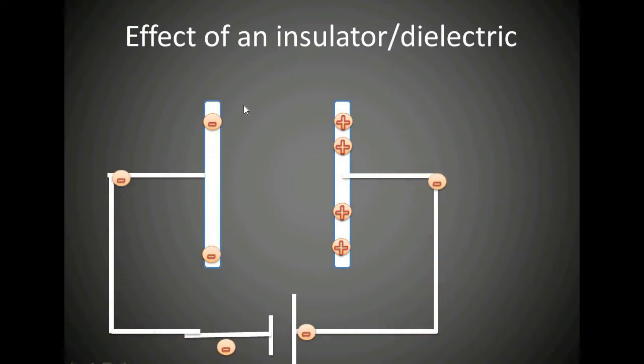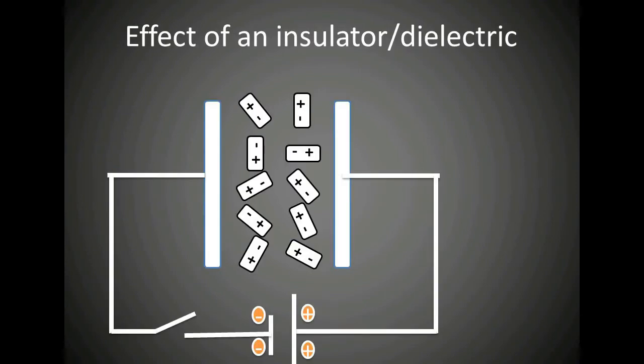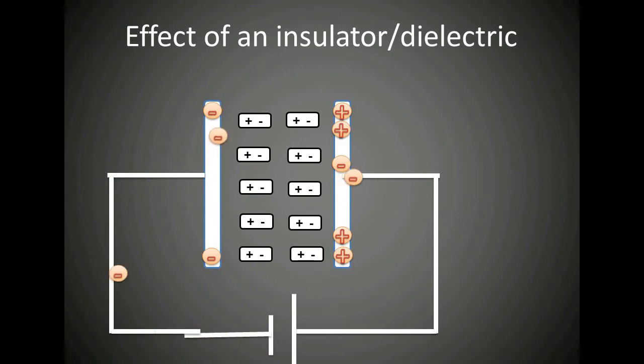Whenever we keep a dielectric medium between the parallel plate capacitor plates, the dipoles will align in different directions before the switch is turned on, because there is no external electric field. But after we switch on, what happens?